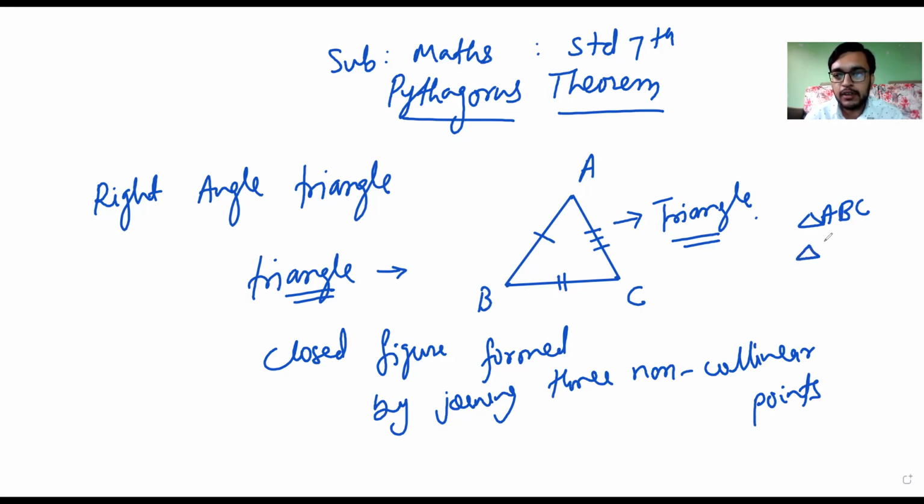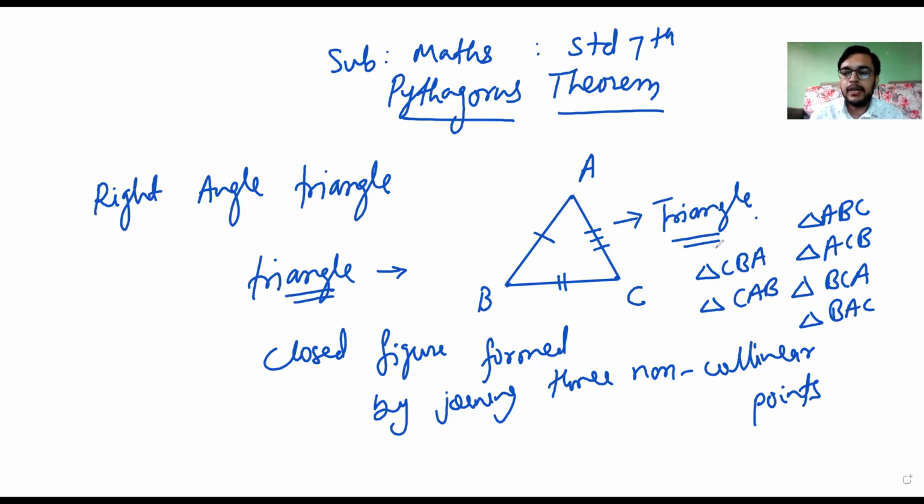Triangle ABC or triangle ACB, triangle BCA, triangle BAC, or triangle CBA or triangle CAB. All these names are of the same triangle, right? But important is you can write the name in anti-clockwise or in a clockwise direction. Okay.